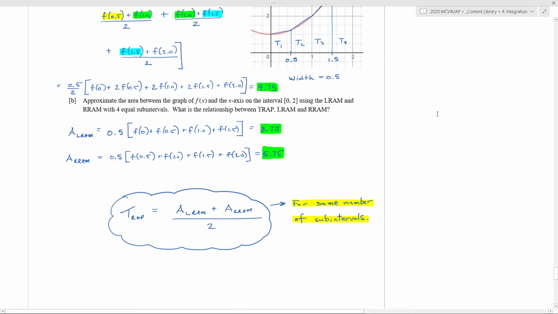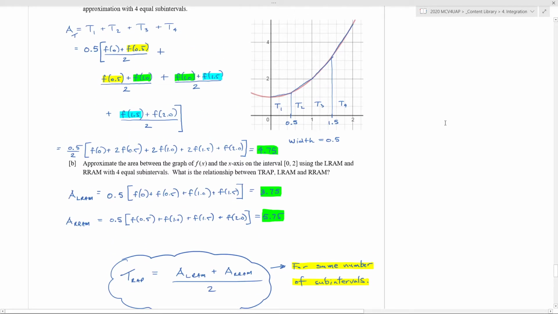So why is that helpful? It's helpful because on an exam, or on the AP exam, you may be given a question where they say, find the trapezoidal approximation, and there may be 5 trapezoids, it may be 6, 7, or 8 trapezoids. I think you would agree that it's easier just to find LRAM and RRAM and divide those answers by 2, just find the average of them, than it is to do the trapezoidal approximation.